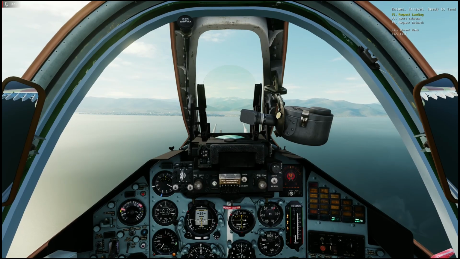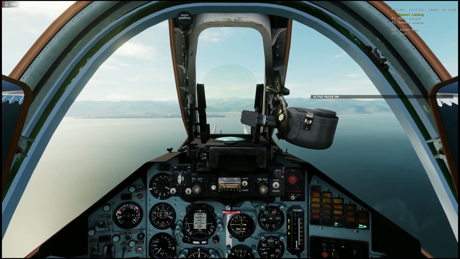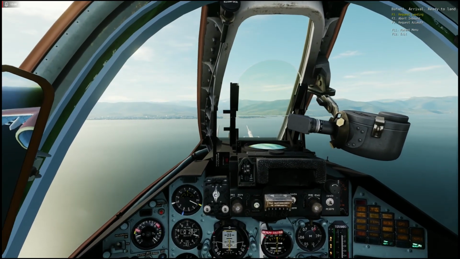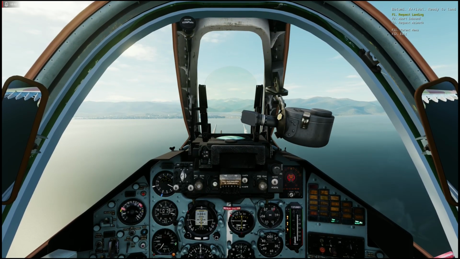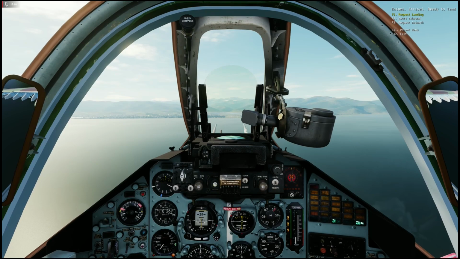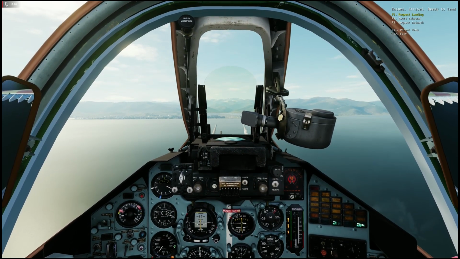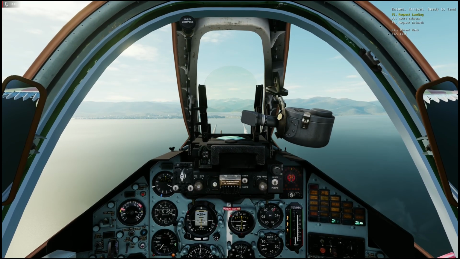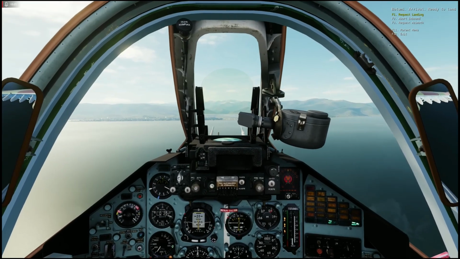Climbing a bit, speed is slowly dropping. See, when the shaking stops, you know that you are at that speed, 350, because you know your plane now, you know your platform. That is why it's very important to often fly a module instead of flying 1 hour on that and 2 hours on that.